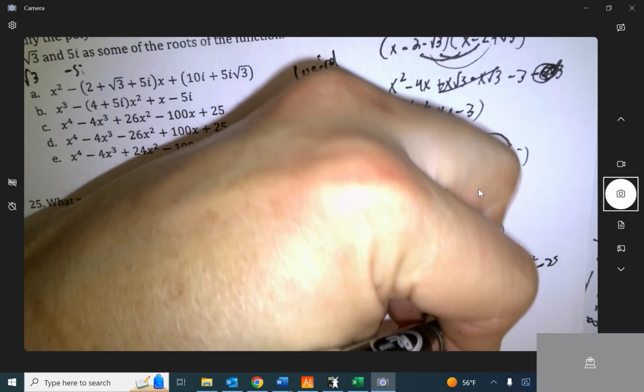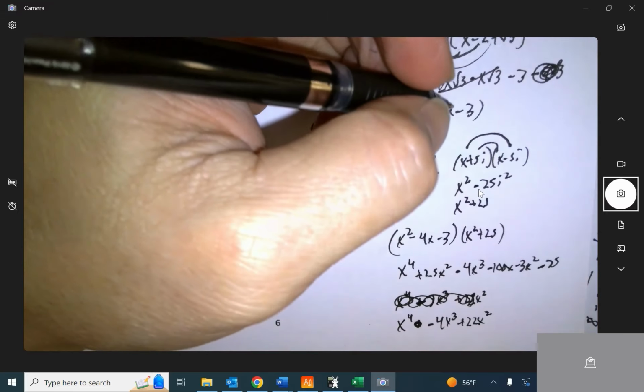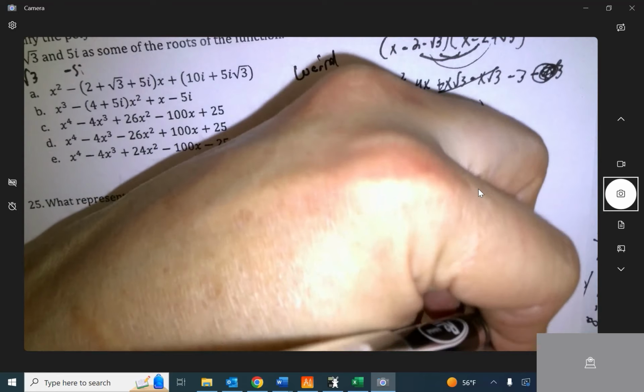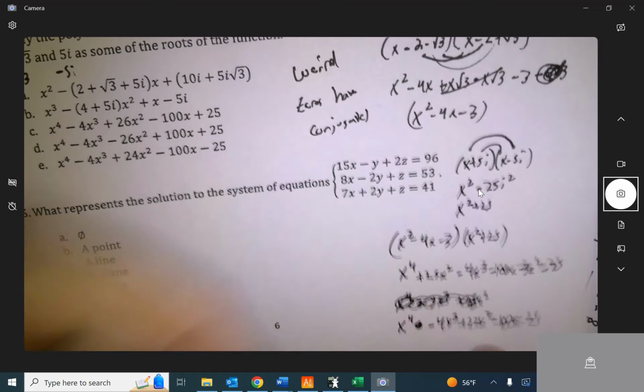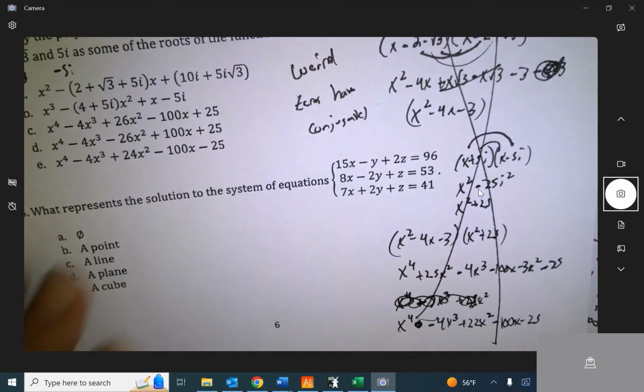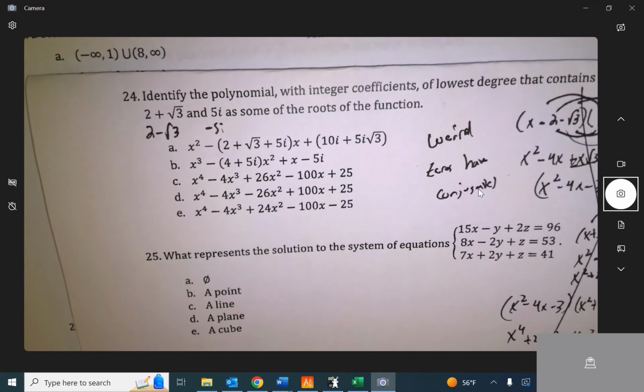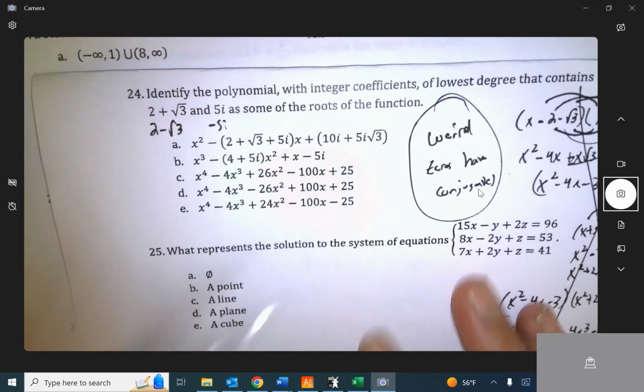Plus 22x squared, because man, I just can't think. And I just kept going with this. I have no idea why, hoping it would lead me somewhere. But this was all nonsense.